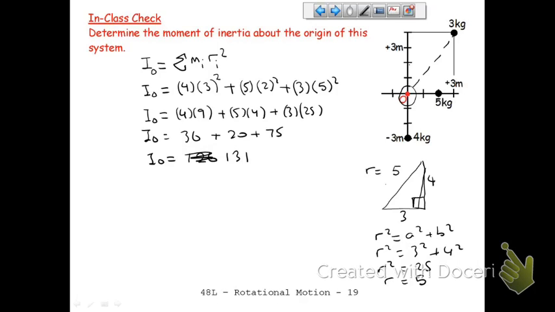And now what will the units be? Well, look up here at your equation: kilogram meters squared. Cool. Now, that's that object's moment of inertia about that rotating axis.